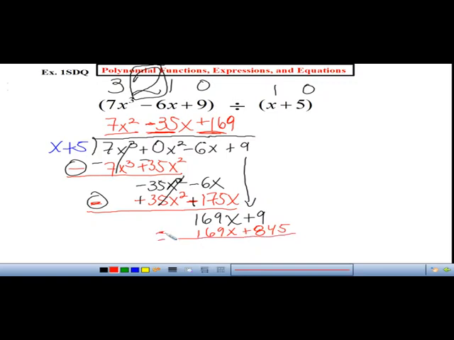We're going to subtract. And what does that mean? That this changes this to their opposite. So these cancel. And what is negative 845 plus 9? That's negative 836. And now if you notice, we have a what? A remainder.